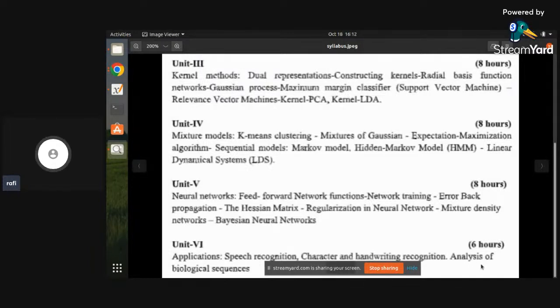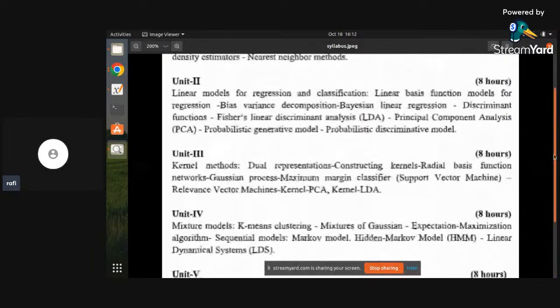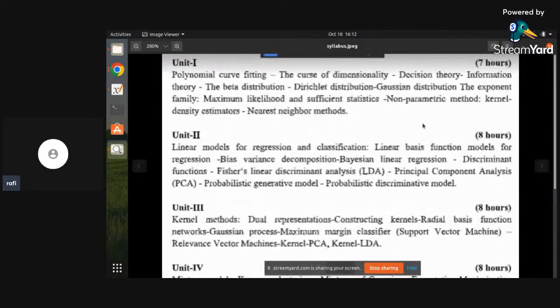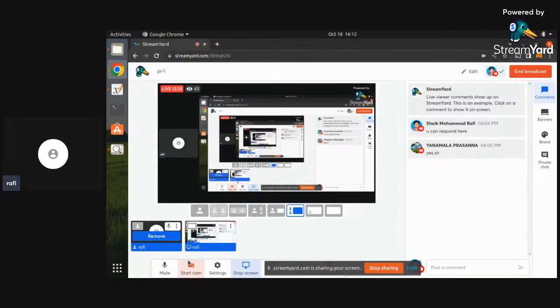Then we have analysis of biological sequences like ECG, EEG, or whatever. If time permits, we'll see that application as well. So that is our syllabus.